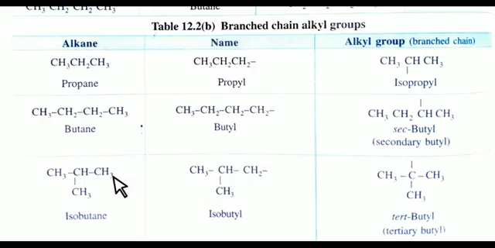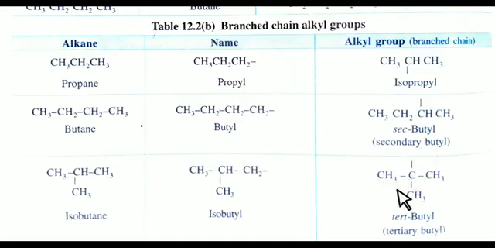Here, see here, CH3, here CH2. So isobutane changes into isobutyl. And this isobutyl we can also write in the form of tertiary butyl. See, one carbon is attached with 3 carbon atoms. The place which is vacant here, in this vacant place you have to write a functional group, any one of the functional groups.